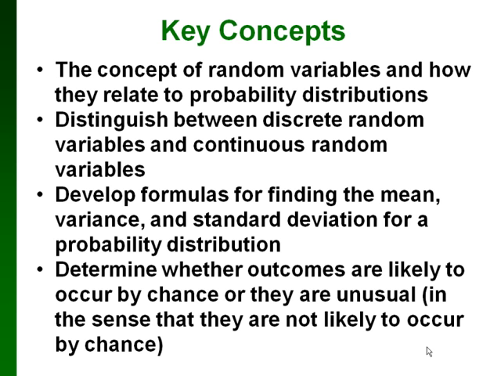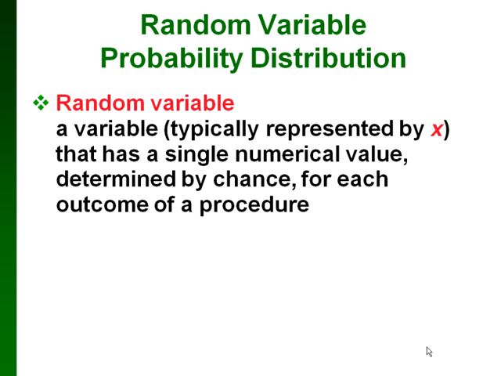And finally, we need to think a little bit about whether the outcomes in our probability distribution are likely to occur by chance or whether they are unusual in a statistical sense, in that they're not likely to occur by chance.